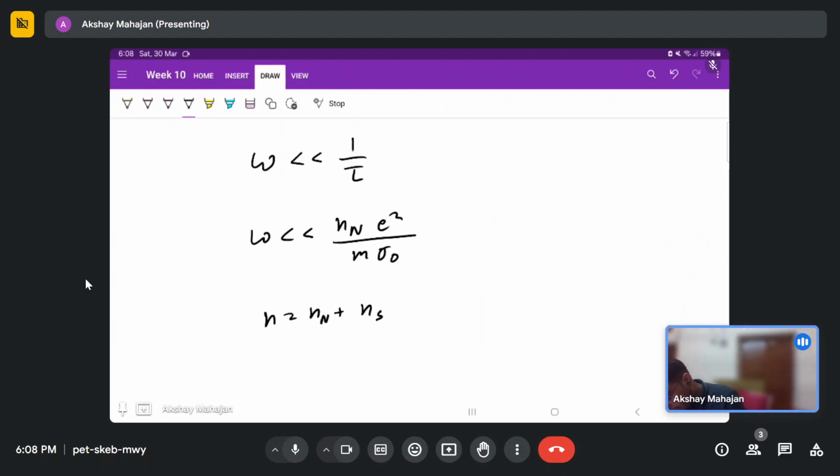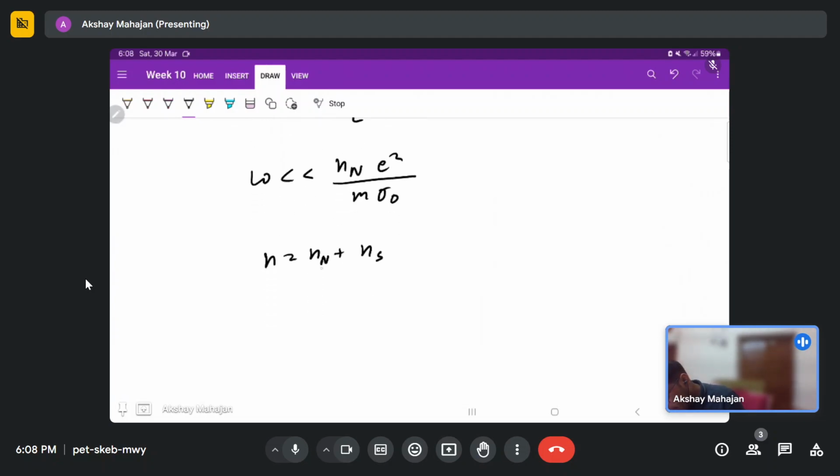Generally we know that nn is less than ns, the number of superconducting electrons is more, so we can write it as ns times e square divided by m sigma naught as well.